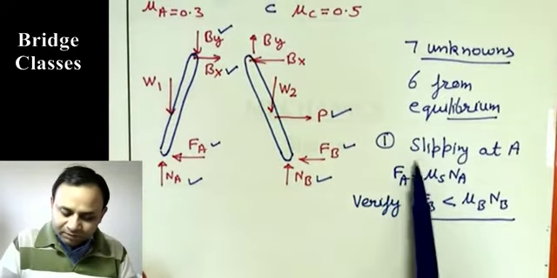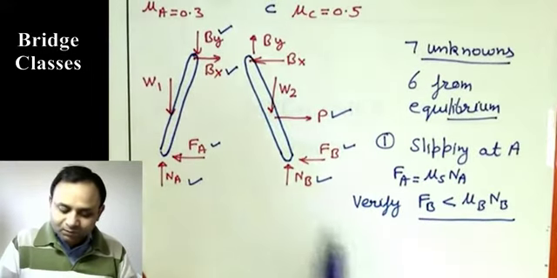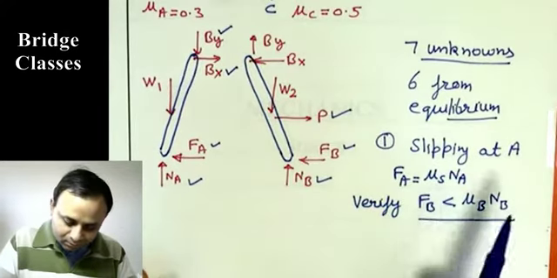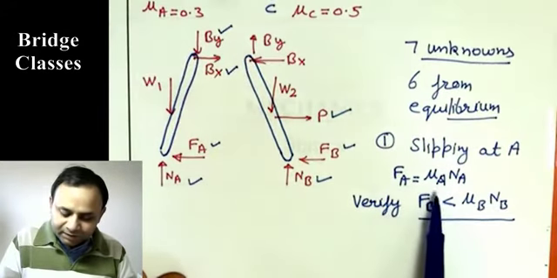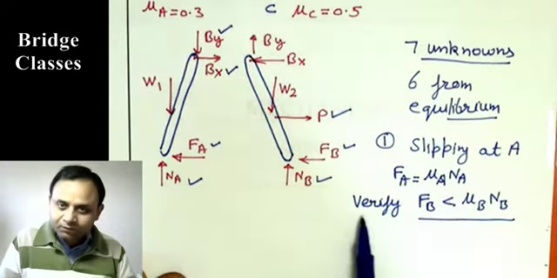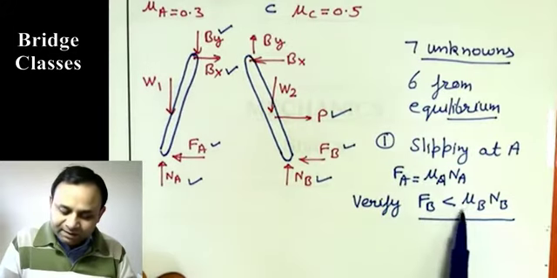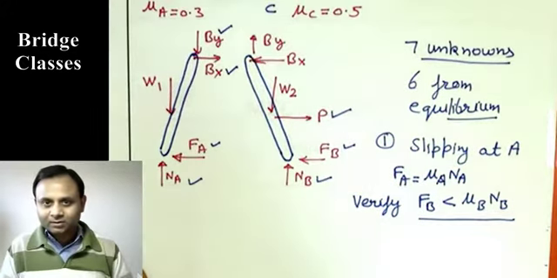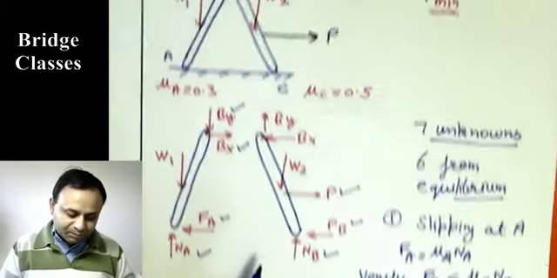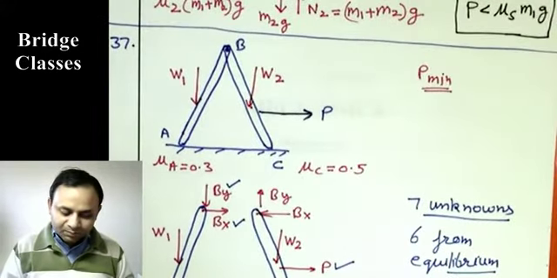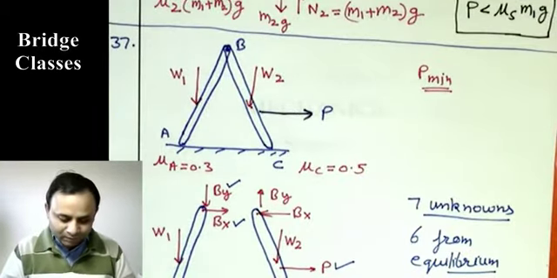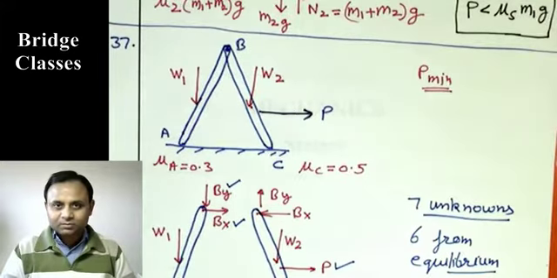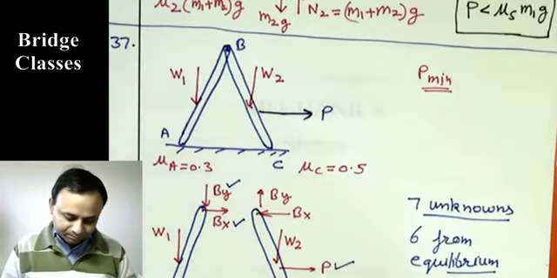Or the other scenario will be we assume there is slipping at B. Then you will do Fb is mu b Nb, and we'll have to verify that Fa is less than mu a Na. So again, just to give you an example that you can have a situation in which multiple scenarios are possible, and you then consider each of those separately. So don't just assume that the frictional force is mu n and then start doing the problem.